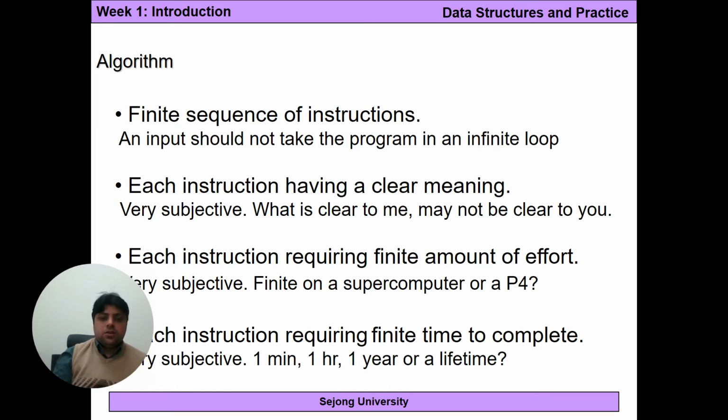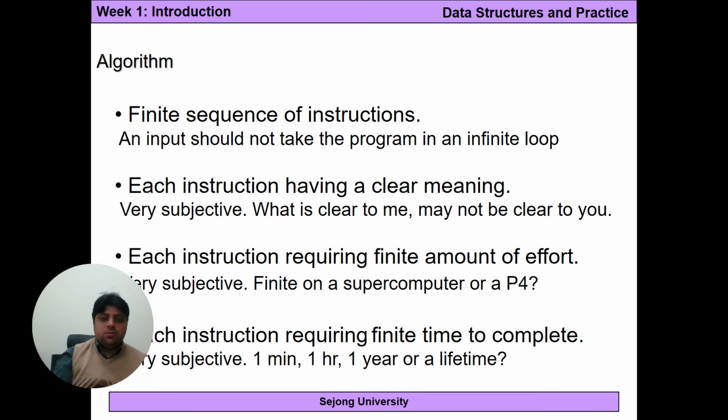Each instruction requiring a finite amount of effort is also very subjective. That effort should be finite. The machine can be any machine: a supercomputer, a simple P4, or an i8 or i7.